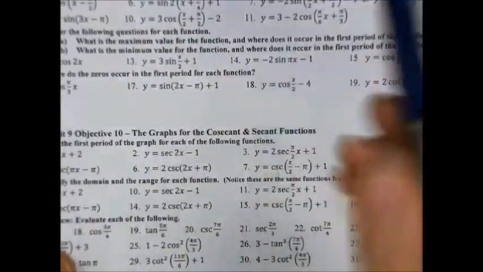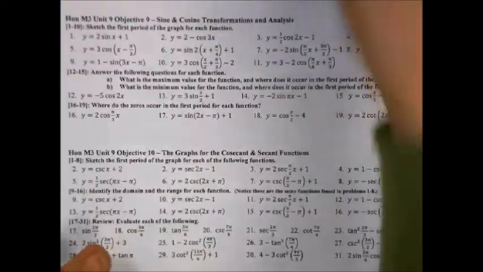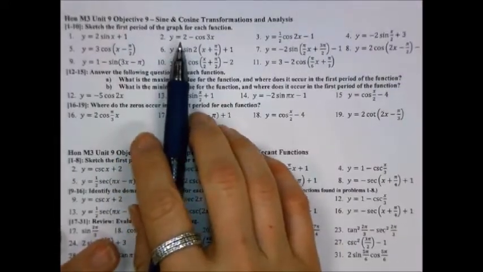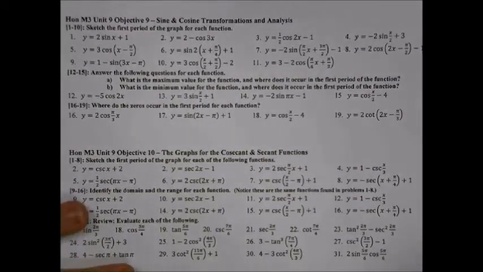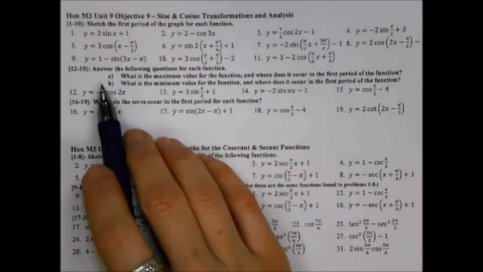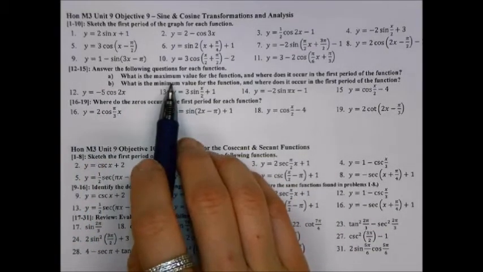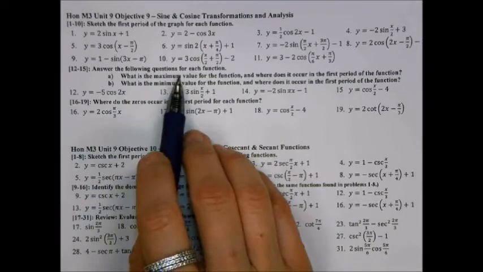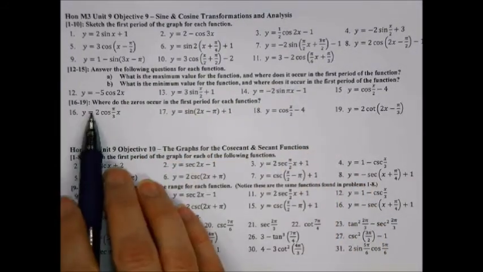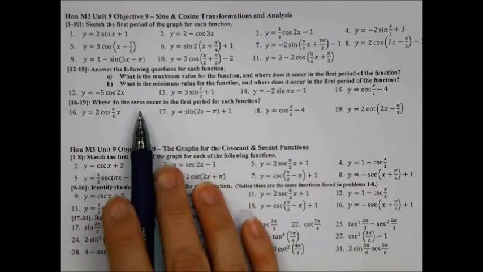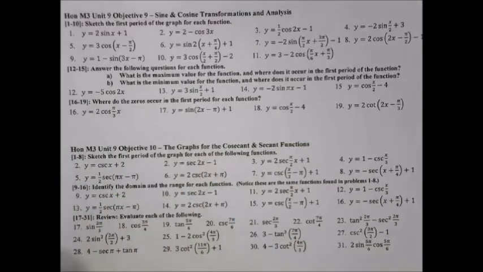So you won't be having to include the graphs extended in each direction here. On 12 through 15, you're going to answer what's the maximum and where does it occur, what is the minimum, where does it occur, and then 16 through 19, where do the zeros occur. So you're just focusing on getting the graph right so that you can answer the question.